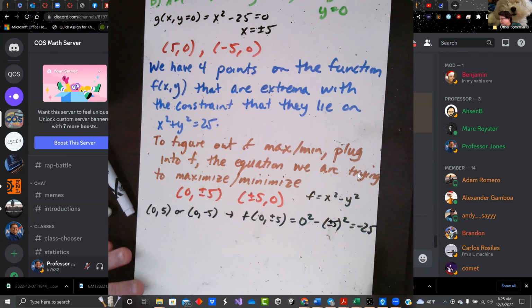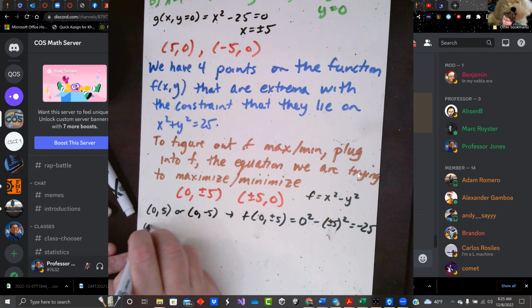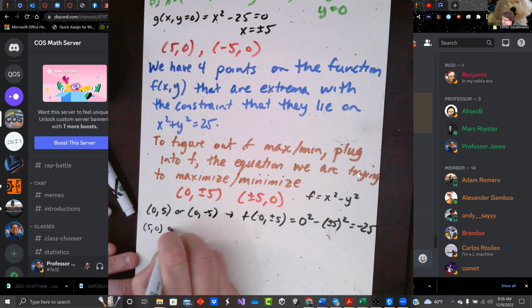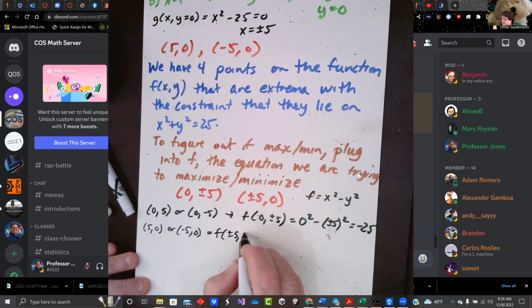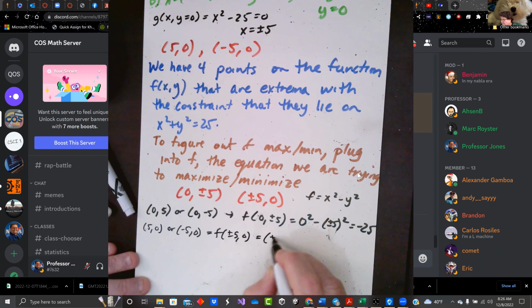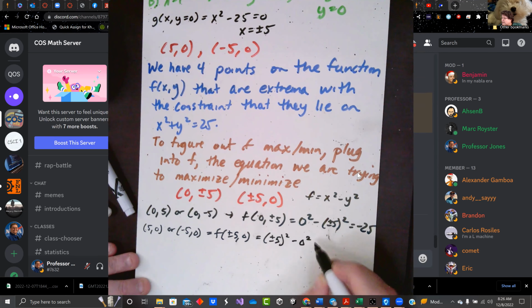When we square it, it makes that positive 25 in both cases, so f's value is negative 25 there. And if I plug in 5, 0 or negative 5, 0, plus or minus 5 squared minus 0 squared is 25.